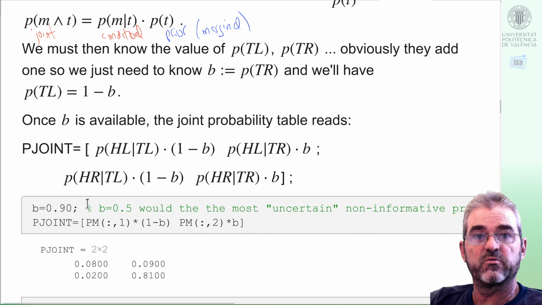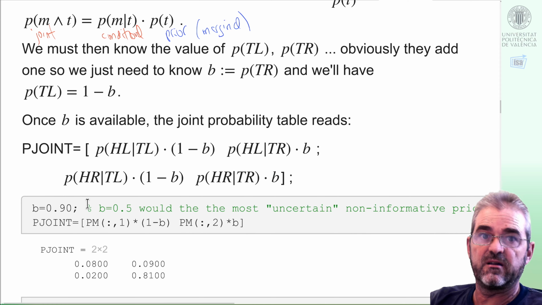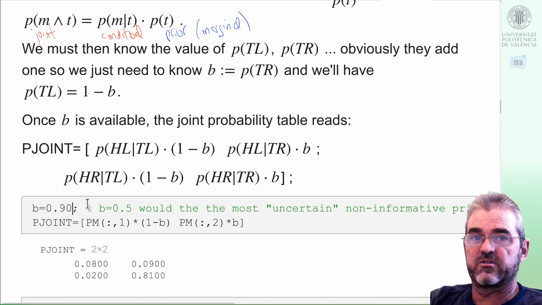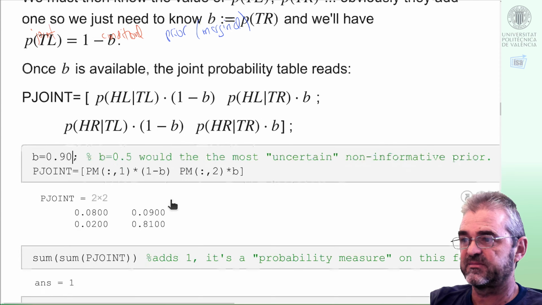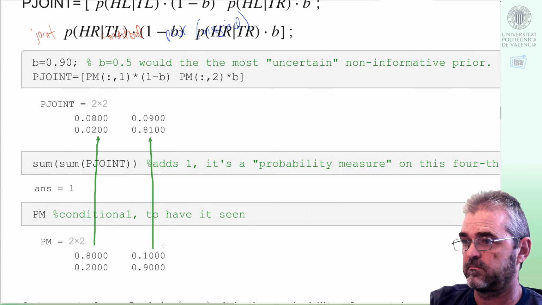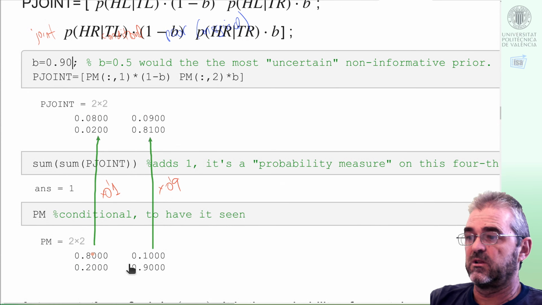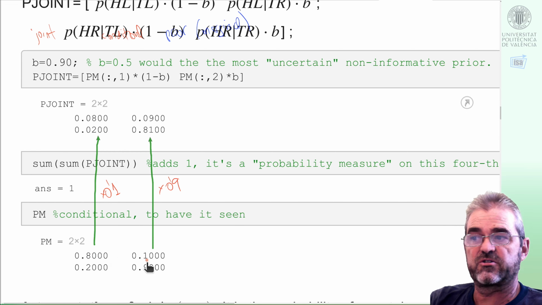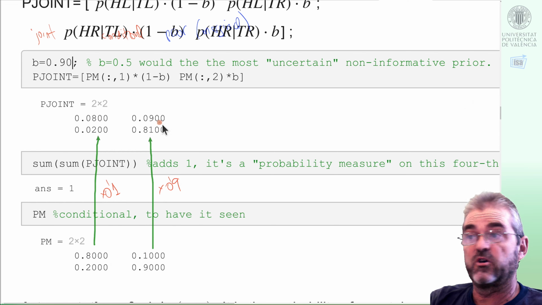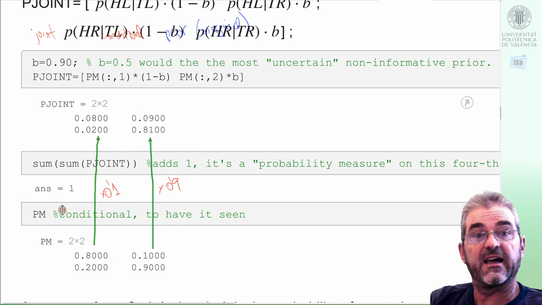If I execute with 0.9, believe that the tiger will go to the right because food is always served at the right. In that case, multiplying the conditional, this column times 0.1, this column times 0.9, got me the joint probability for numbers that add 1.